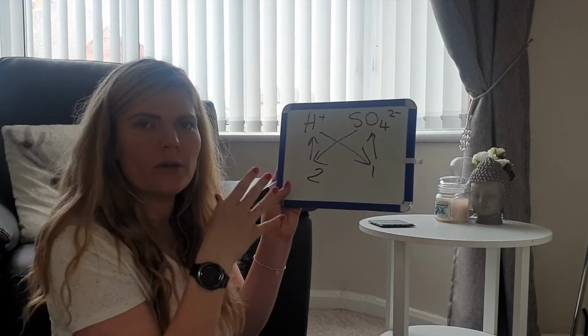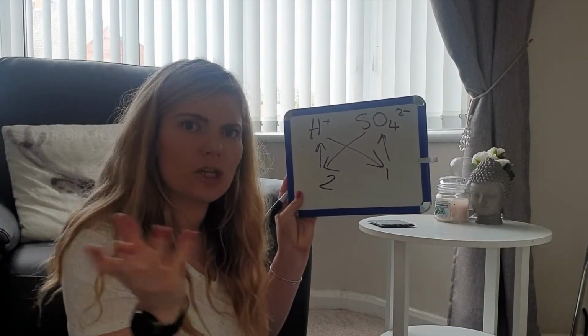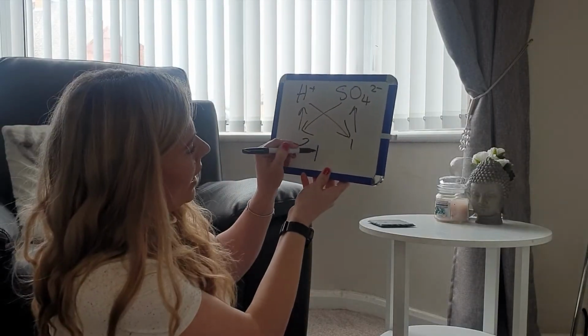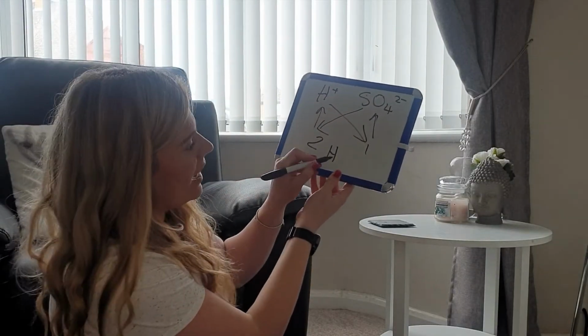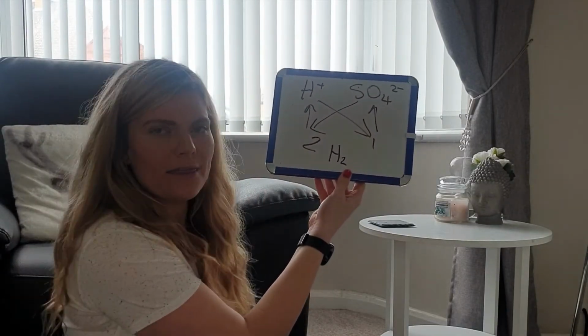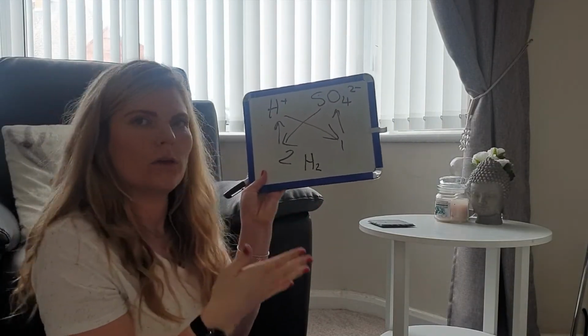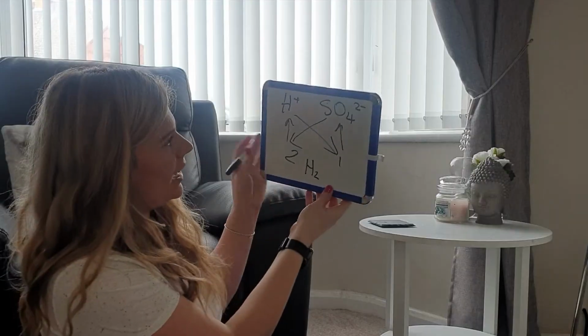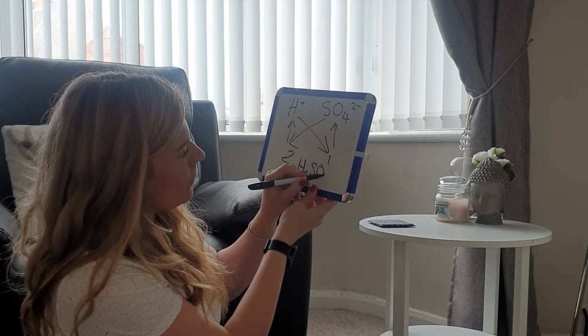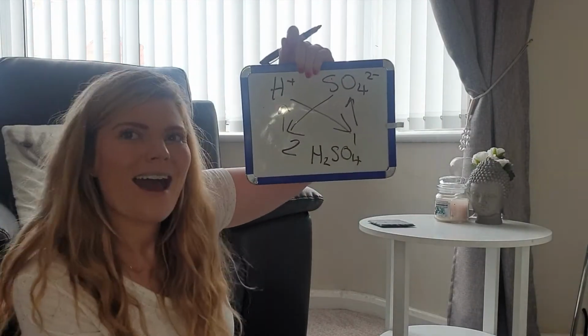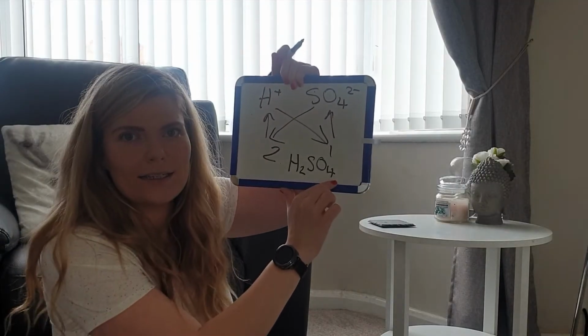Now we can't write a 2 at the beginning of our formula because that means there's 2 of everything. So what we do is we write our H, because all acids start with H, and then we write our 2. And the little 2 belongs to whatever letter it's after. So this 2 belongs to that H, and then we put SO4. And that is the formula for sulfuric acid.